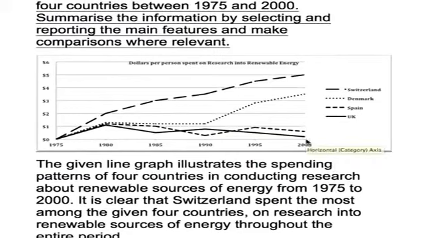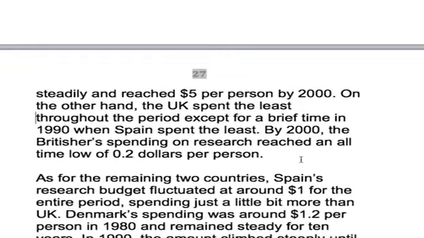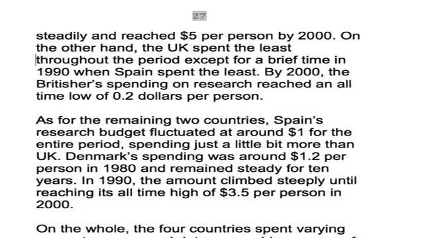So by 2000, the Britishers' spending on alternative sources reached an all-time low of approximately $0.2 per person. As for the remaining two countries, Spain's research budget fluctuated at around $1 for the entire period, spending just a little bit more than UK.